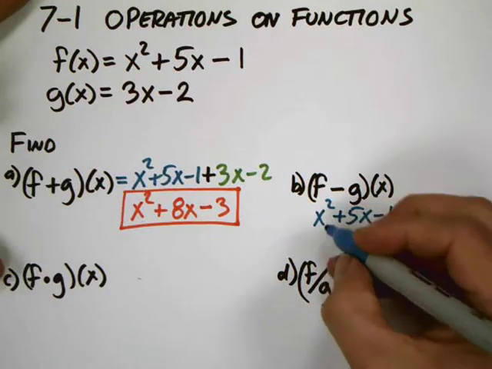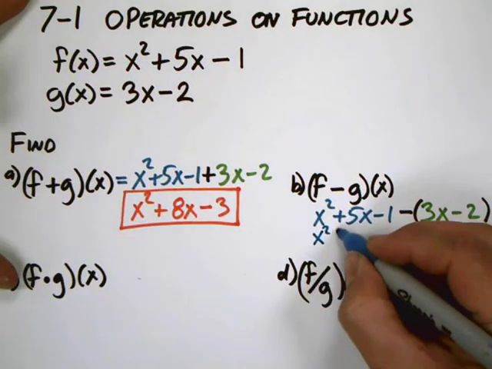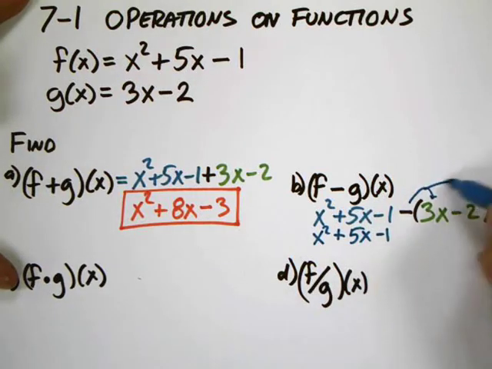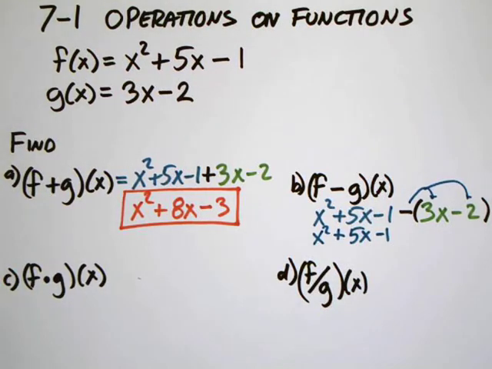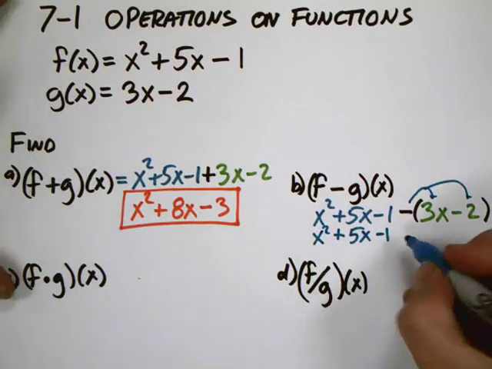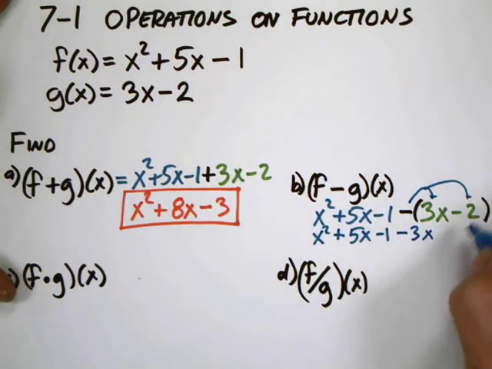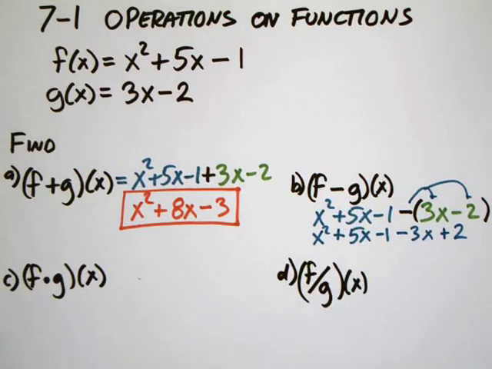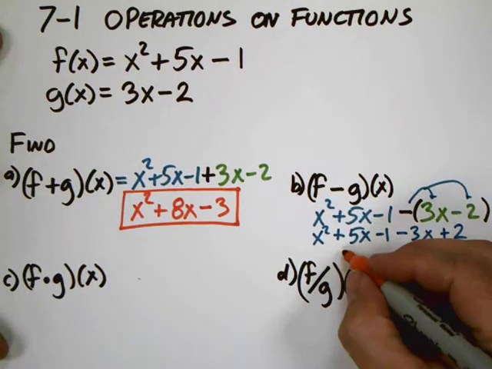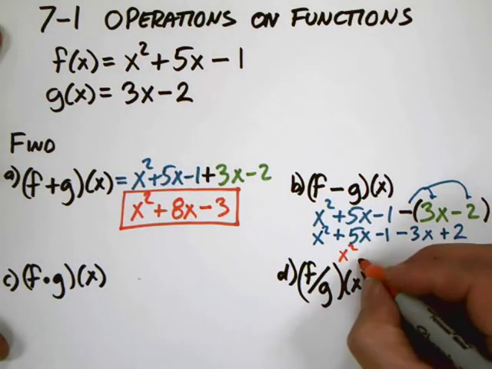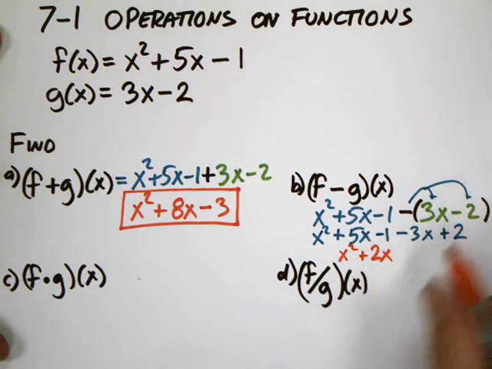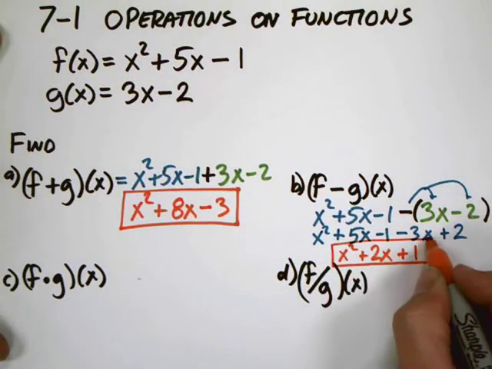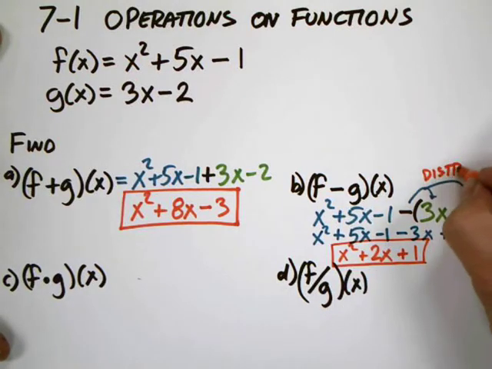So my first step in this would be to make sure that I have x squared plus 5x minus 1, and that I distribute my negative sign to these two places so that I'm actually subtracting 3x and subtracting negative 2, which is plus 2. So now once again, like terms, I should be able to combine and get x squared. This time I'm only going to have 2 x's, and minus 1 and 2 make plus 1. So key step is right here, and it is distribute.